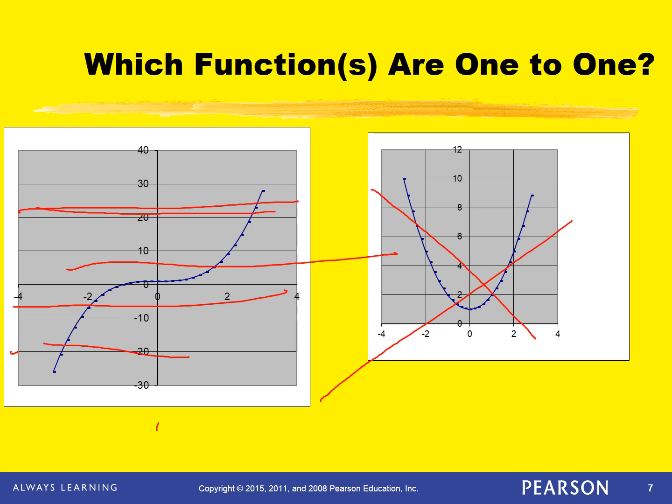Only one point of intersection, be it there, or there, or there, and that would happen no matter where we drew the horizontal line. So this one is one-to-one. The other one is not one-to-one.